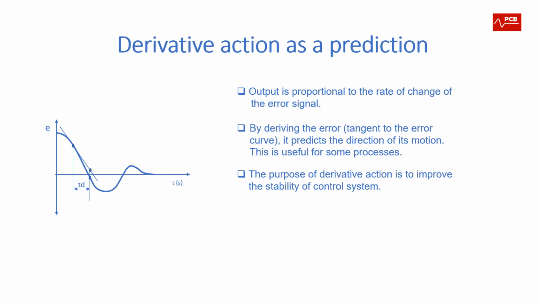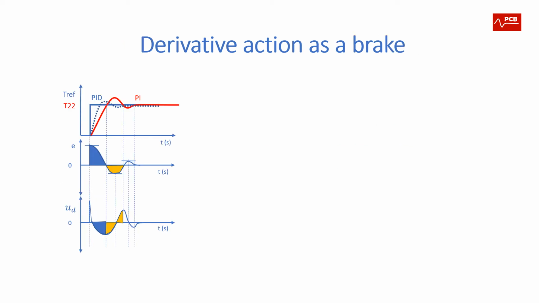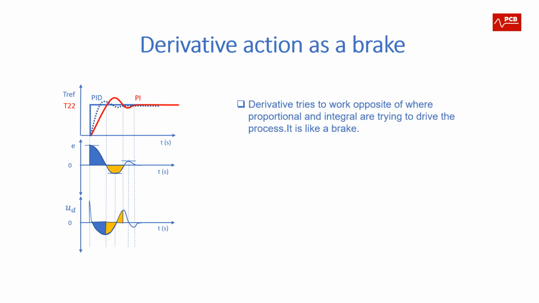Generally, the purpose of derivative action is to improve the stability of the control system. But the action causes problems when the error changes quickly. From the shown diagrams, we can see that derivative action tries to work opposite to where the proportional and integral parts are trying to drive the process.